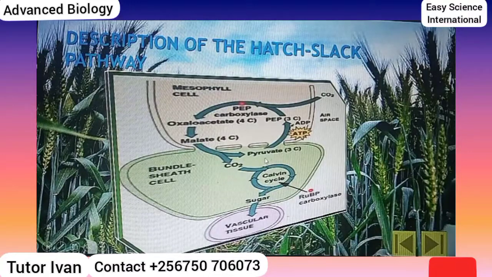Another thing we need to note is PEP is very efficient at fixing carbon dioxide, and therefore C4 plants have higher energy as compared to C3 plants, that is wheat, plants like maize, and all that. They have higher proportions of carbohydrates, that is energy.